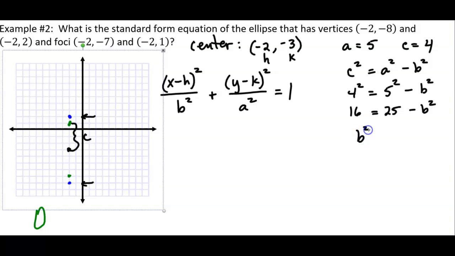Probably the one on the homework's trickier. Don't always plan that, but I know b is 3 now. I could draw that if I really wanted to. I could say, well, my co-vertices then are going to be 3 units from the center. 1, 2, 3, so I know one of them's there. 1, 2, 3, I know one of them's there. And now I can actually draw the ellipse.